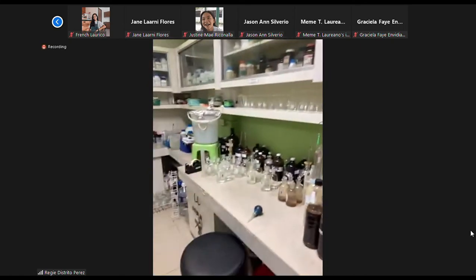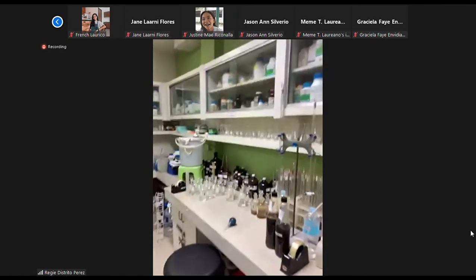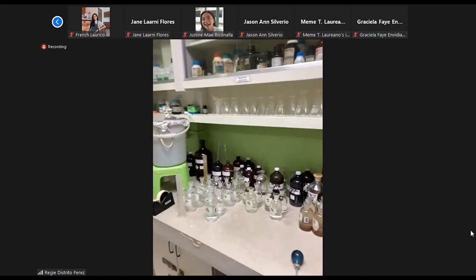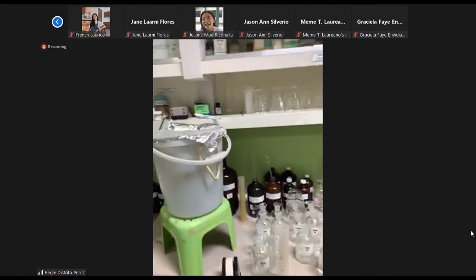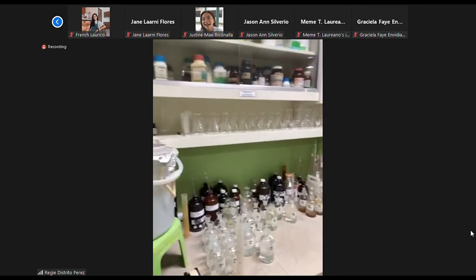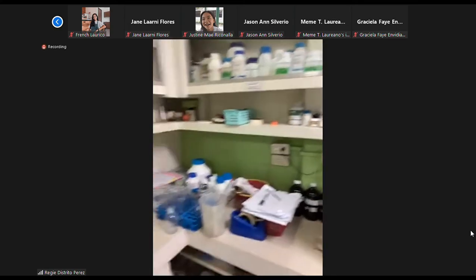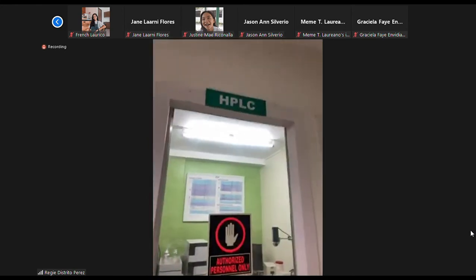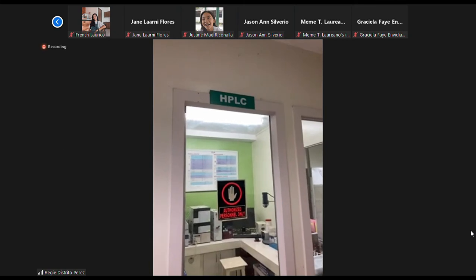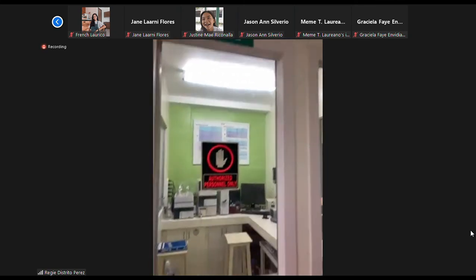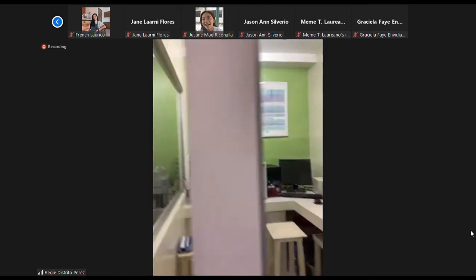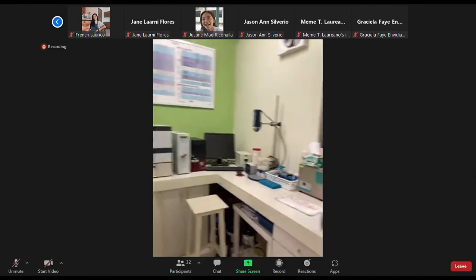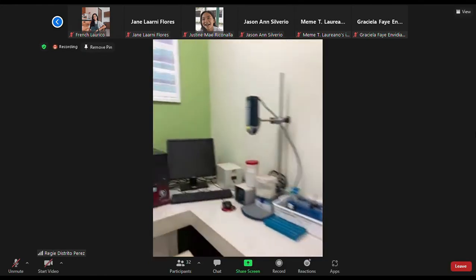And this area is for wastewater analysis. This is the area where we analyze the biological oxygen demand. And also, we have the HPLC room, or high performance liquid chromatography area. This is the HPLC.